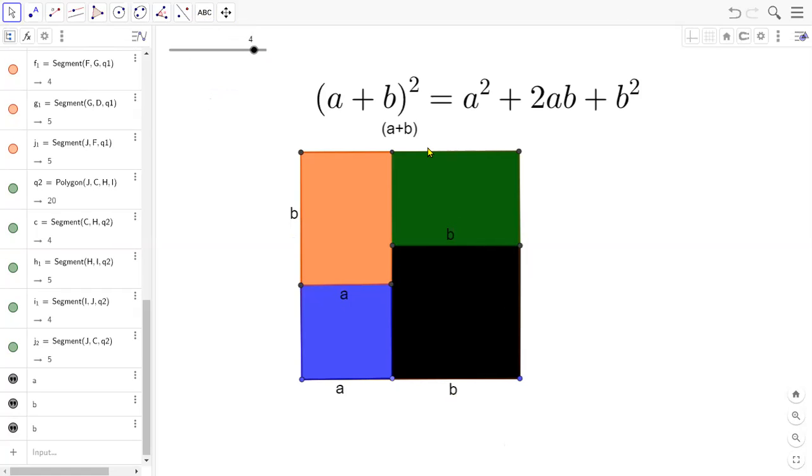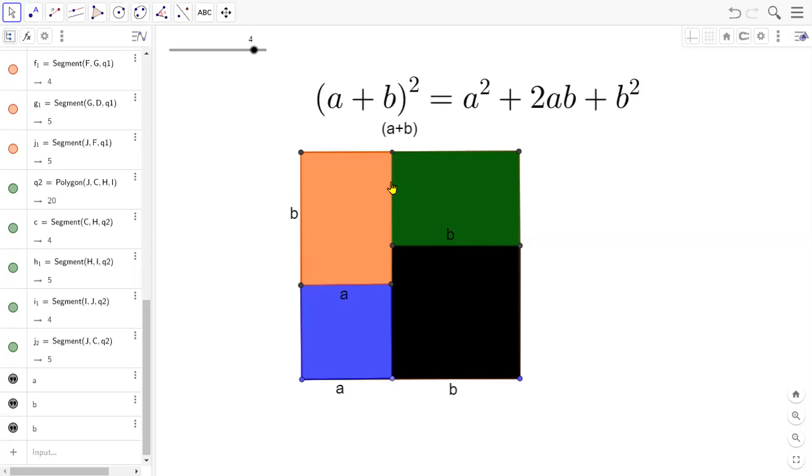The total side is a plus b, and here is the a unit. This side will be a unit, same as this side. So the remaining side will be b unit, or we can say the opposite side will be b unit.